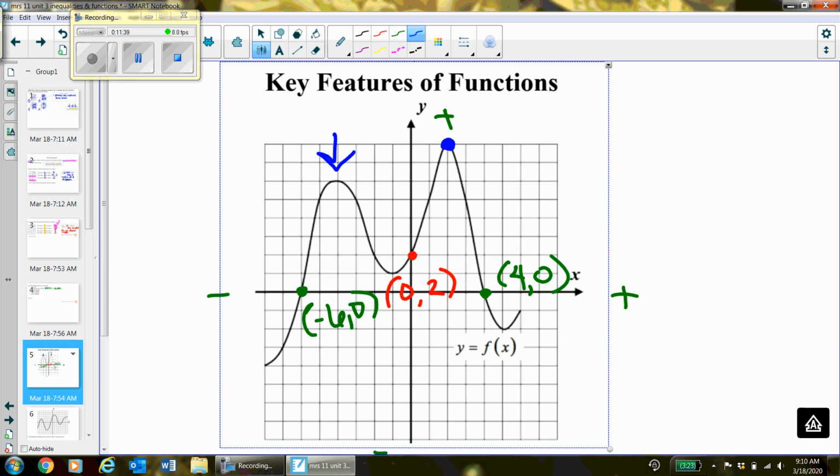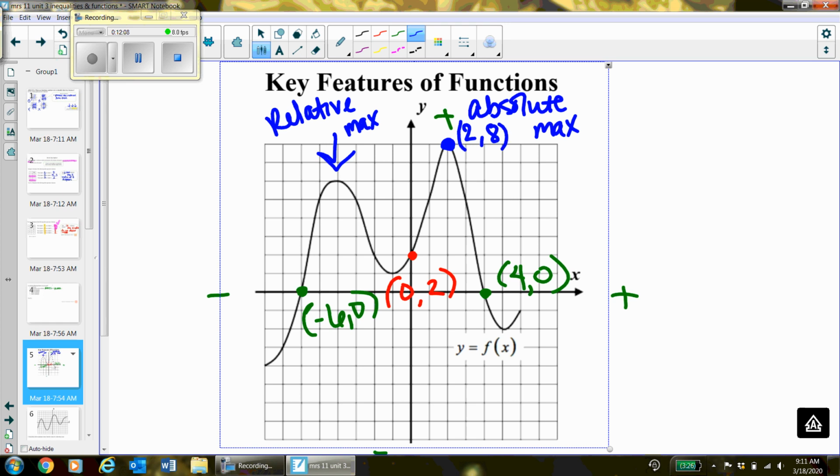Okay, so this is the absolute maximum, and this would be your relative maximum. Okay, so this absolute max point is at 2, 8.